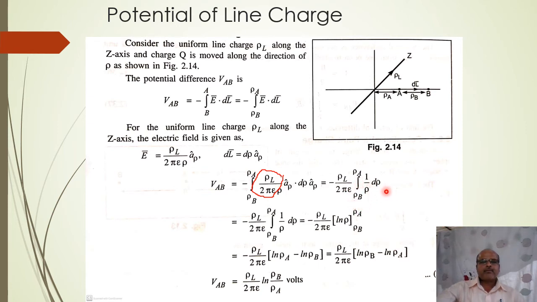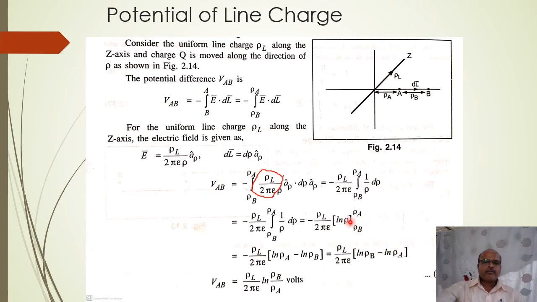If you observe, the integral of dx upon x is the natural log of x. Similarly, solving that integral, we get minus rho L upon 2 pi epsilon ln of rho B to rho A.